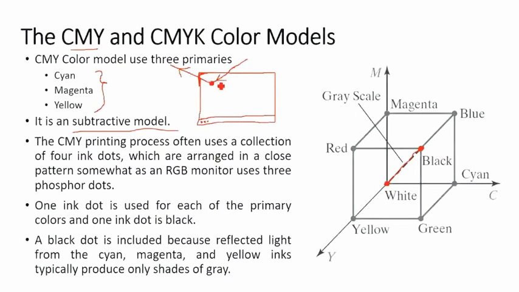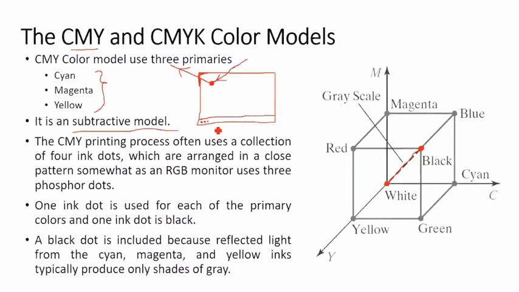Now you see, ideally when you use all of them together, you should see black, 1, 1, 1. But typically when you mix cyan, magenta and yellow, especially in printing, when you mix these ink colors, you tend to get shades of gray, not necessarily black. And we all know how important black is in terms of printing.